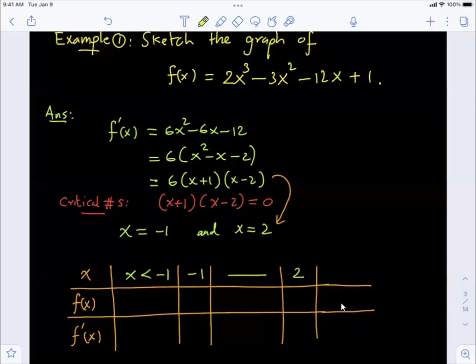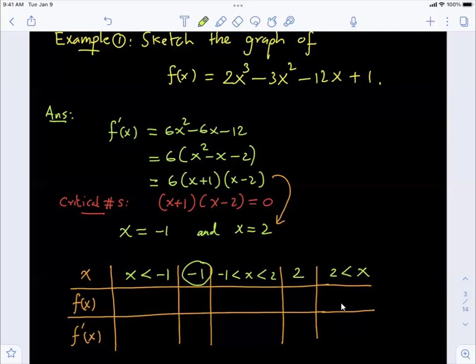And what I'm going to have here are the x values in between -1 and 2. And then what do I have here? Obviously, we can see those are the x values greater than 2. Now, if you look at what we've written down here in terms of these inequalities, we just summarize the entire real number line. Now, let's look at the next step.